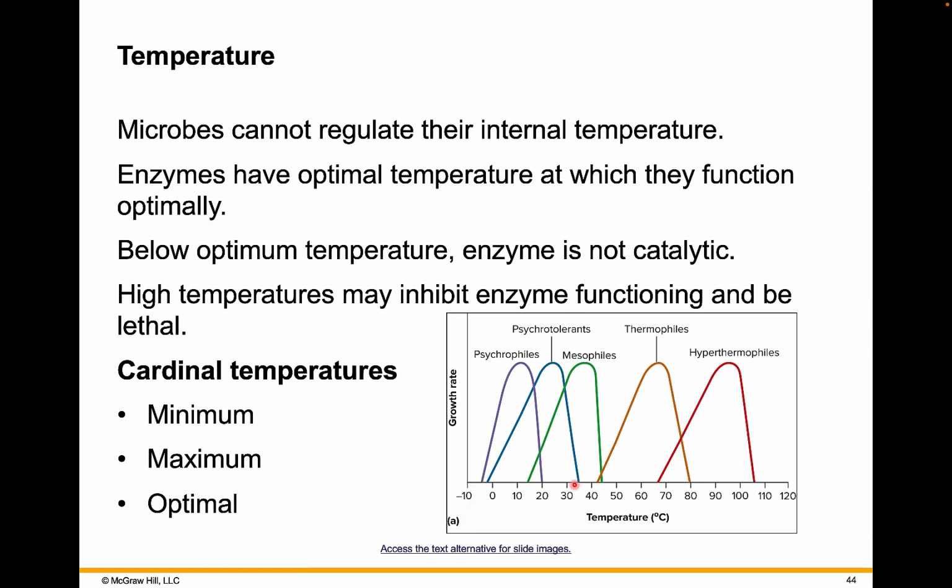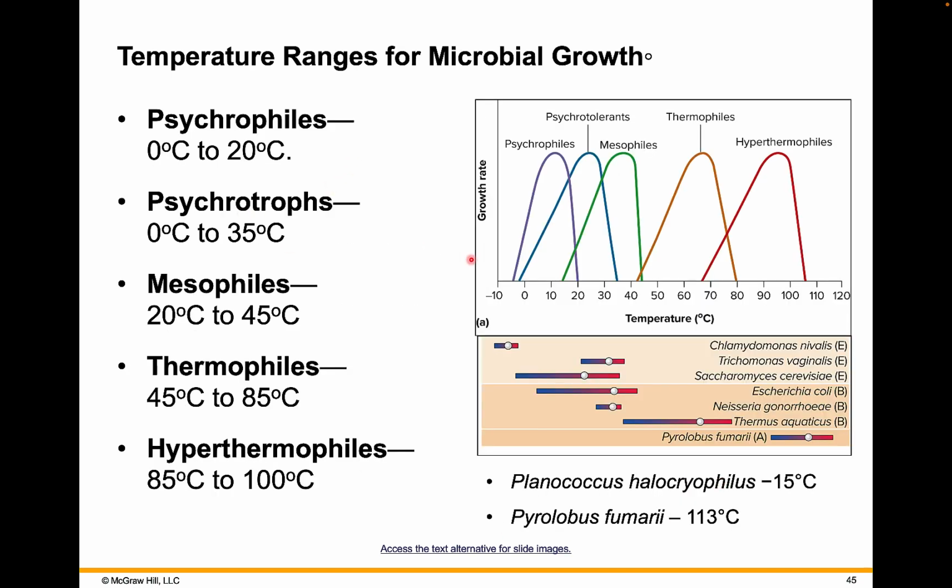And depending upon what range of temperatures the bacteria are growing in, we divide them into different groups. So the psychrophiles, as you can see, can grow between 0 and 20 degrees Celsius. These are the psychrophiles right here. Psychrotrophs, on the other hand, grow from 0 to 35 degrees Celsius, whereas the mesophiles are optimum between 20 and 45 degrees.